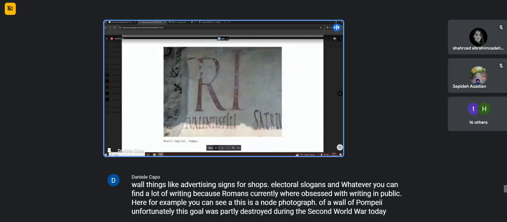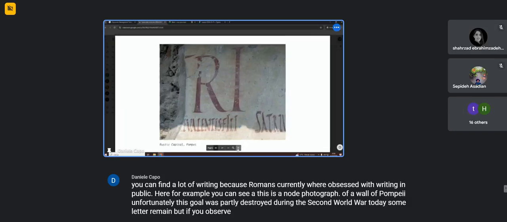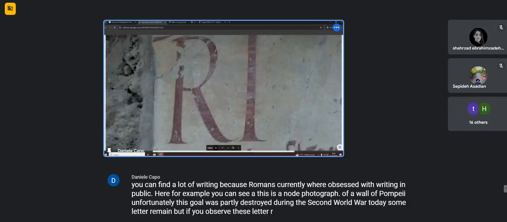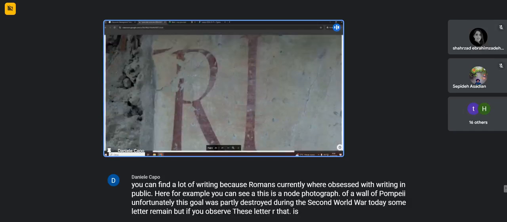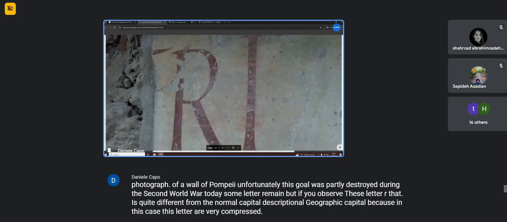Today, some letters remain, but if you observe this letter R, it is quite different from the normal capital, the inscriptional epigraphic capital, because these letters are very compressed, less relaxed than the normal capital.